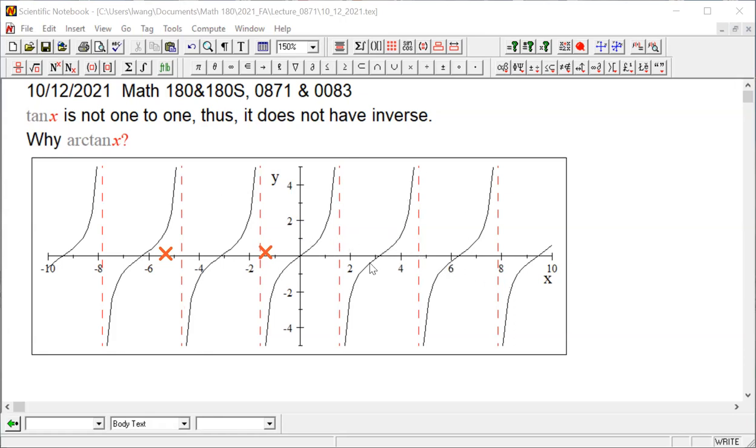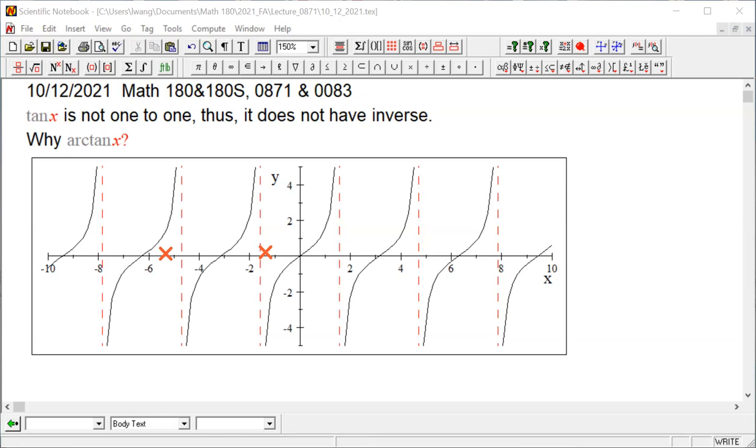I can use this piece, or this piece, and chop the rest. There are many, many options. For each option we choose, we will be able to create a new function which is one-to-one. If it's a one-to-one function, then we'll have an inverse. That's the idea.